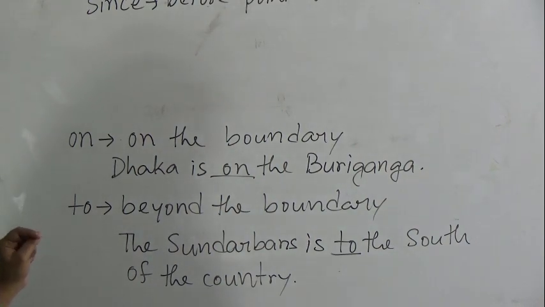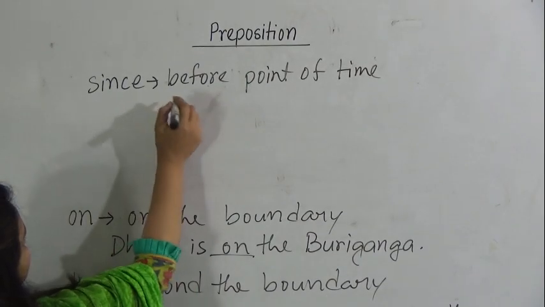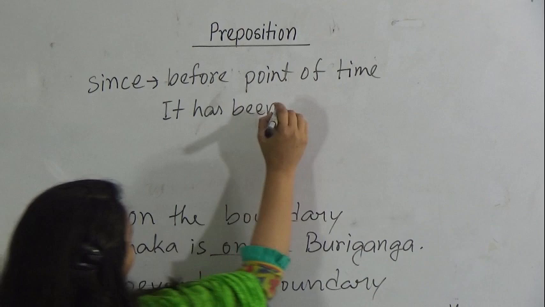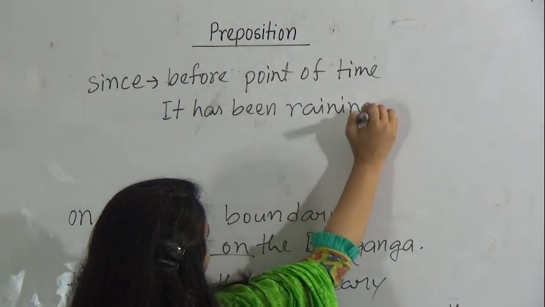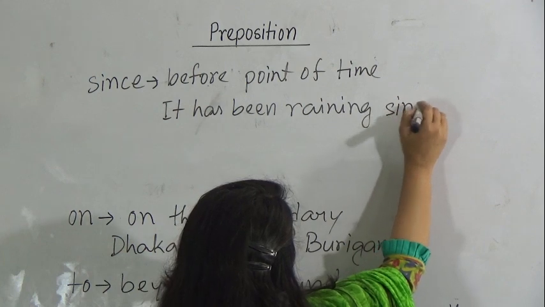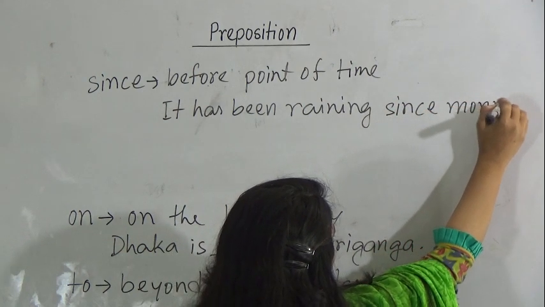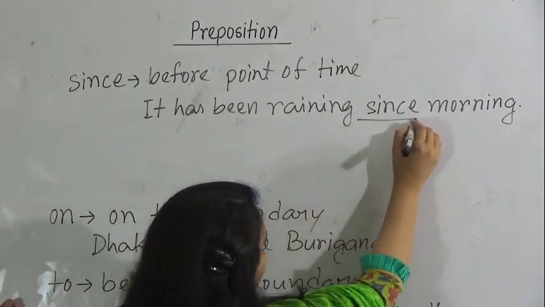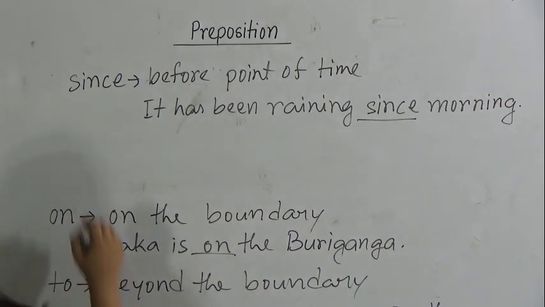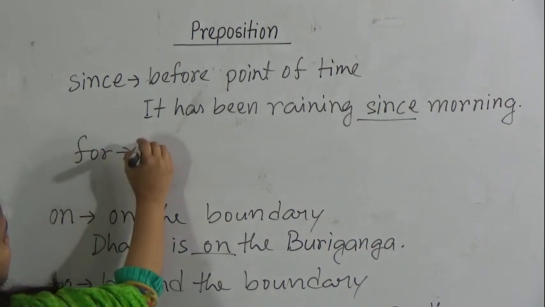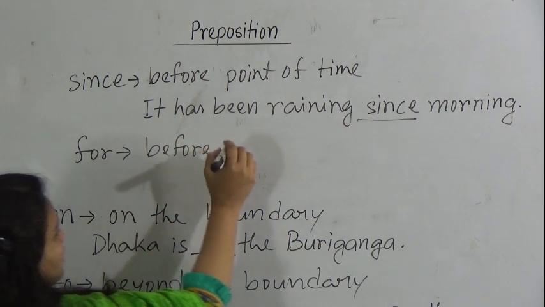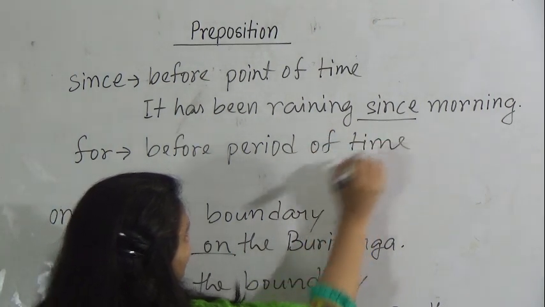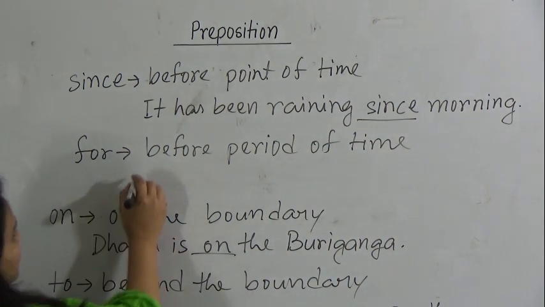Let's have an example. It has been raining since morning. So before a point of time, before morning we use since, and we use for before a period of time.